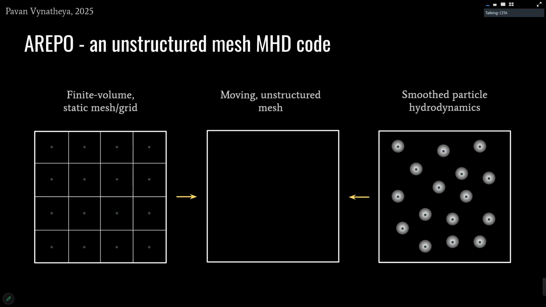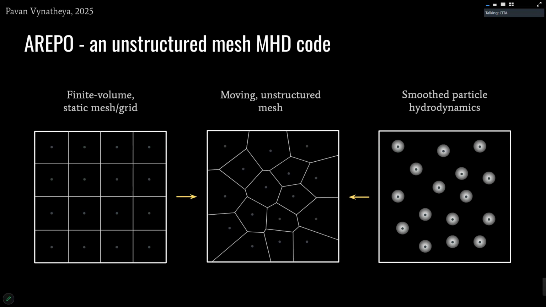AREPO is a mixture of both, in the sense that it is a Lagrangian code. Cells move with the fluid, but they are still cells. They each have cell interfaces, and fluxes are calculated between them, and everything moves along with the fluid. So it has some advantages of both methods.